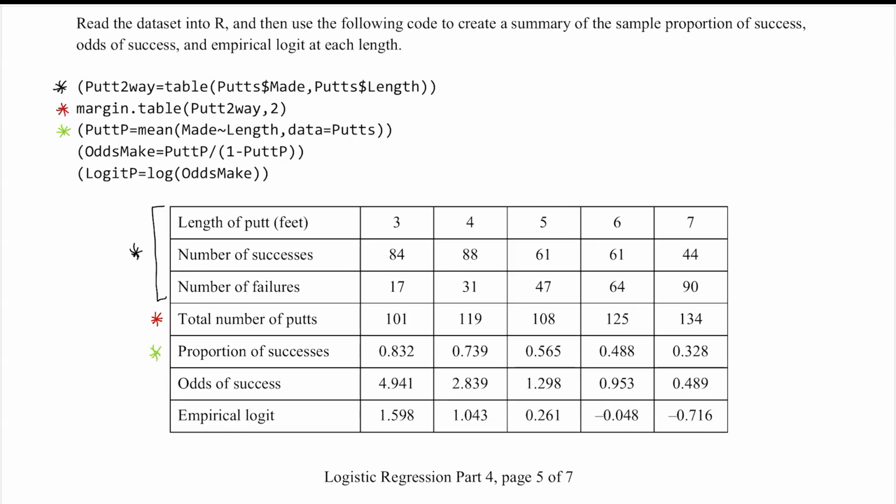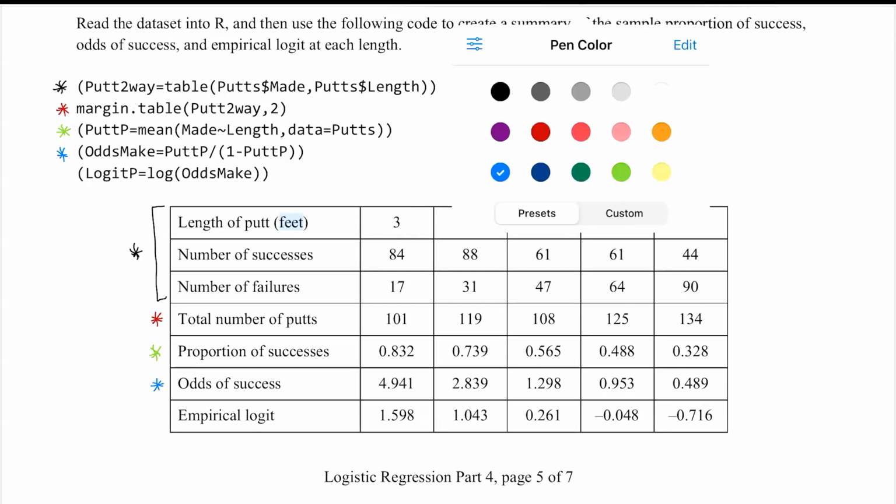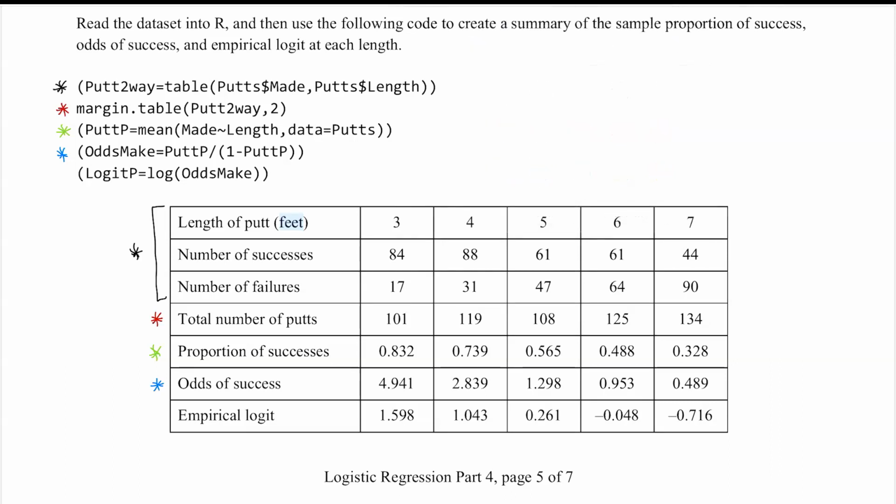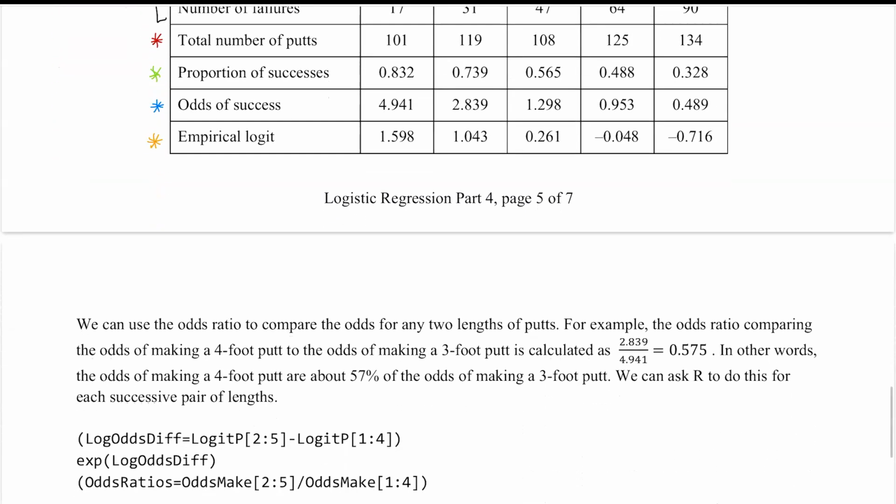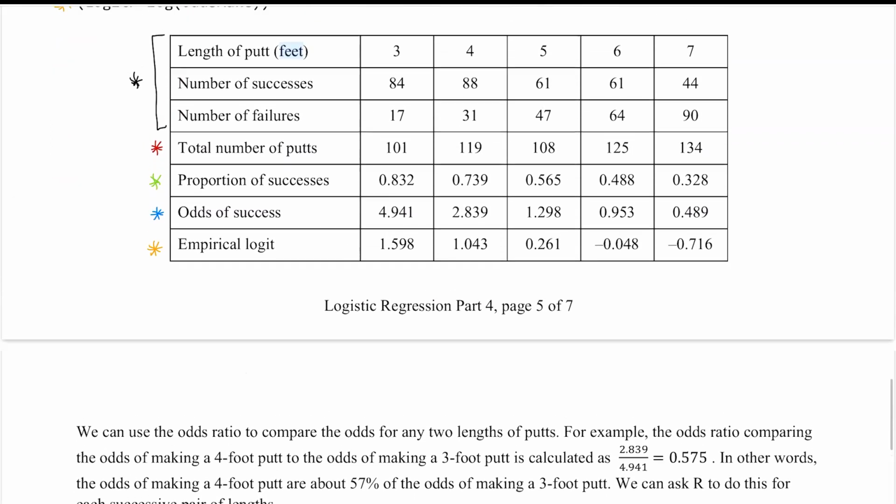And then the mean command here is getting you the proportion of success. And then finding the odds by taking the p hat over 1 minus p hat at each length. And then the logit of p, just finding the log odds there, gets us that empirical logit.